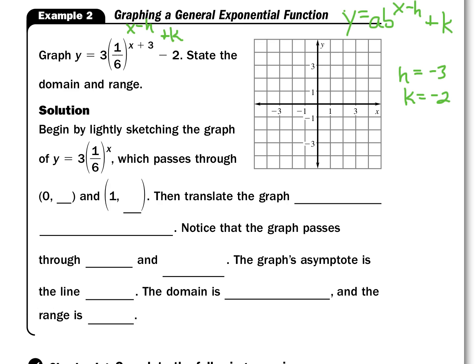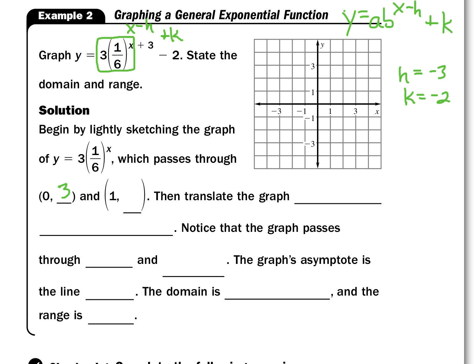Just like our exponential growth, we're going to start by graphing the basic portion before it's been translated. So 3 times the quantity 1/6 to the x power. If I plug in 0, that will give me (0, 3), because 1/6 to the 0 power is 1, and 1 times 3 is 3.